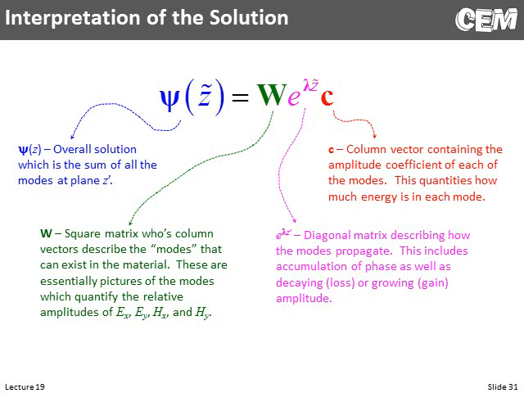If there's loss, they decay, or if they're evanescent, they decay. If there's any gain, they might grow. And we also have the mode coefficients. This just tells us what the mode looks like and how they propagate. The mode coefficients tell us how much power is in each one of those modes, because we could selectively excite them if we wanted to.